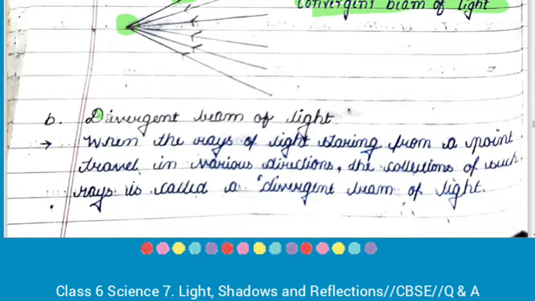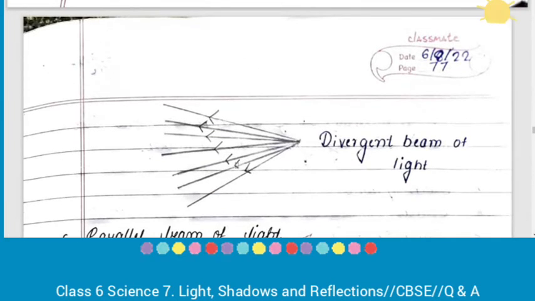Second one is a divergent beam of light. Answer. When the rays of light starting from a point travel in various directions, the collection of such rays is called a divergent beam of light. So this is a figure of divergent beam of light where from a single point all the rays are scattered like this.